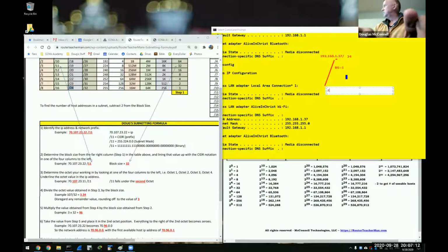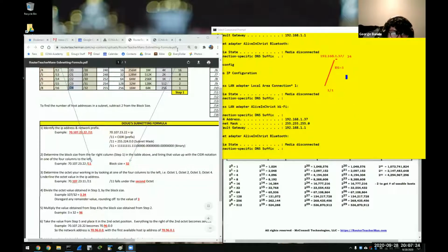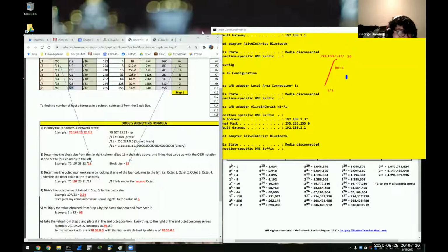And divide it by the block size, which is what? 1. You get a 1. 1 times what does that equal? Equals 1.